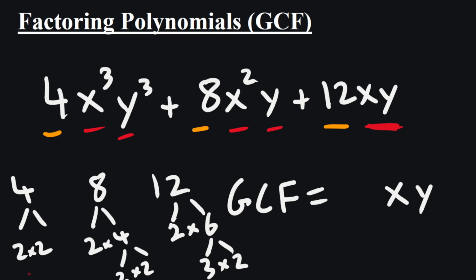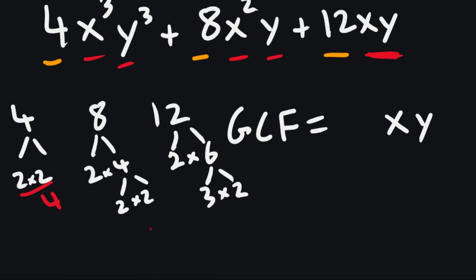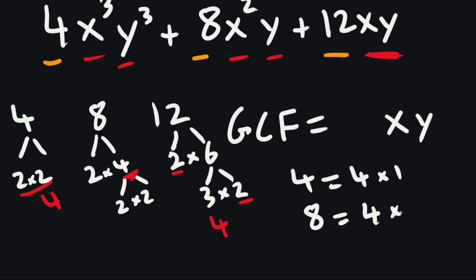Well, 2 times 2 right here is 4. Right here, that's a 4. Let me scroll down a little bit. So that's a 4. There's a 4 right here in this 8. And there's actually a 4 if we multiply this 2 by this 2. So that's a 4. So they all share a factor of 4. Because another way to think about it is 4 is the same as 4 times 1. 8 is the same as 4 times 2.